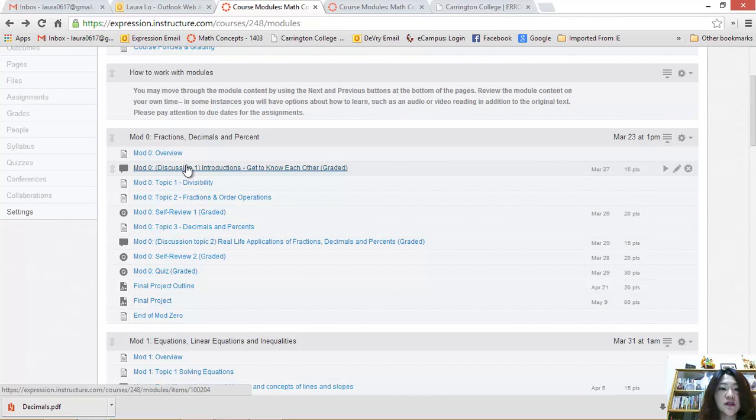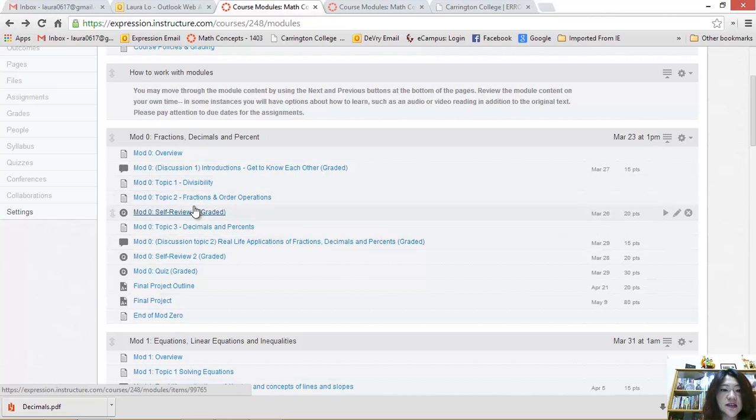So we have 2 discussion topics in the first module. The first one is the introduction, and the second topic is course related. I want you to talk about how you apply fraction, decimal, and percentage in real life. Most modules only have 1 discussion topic.